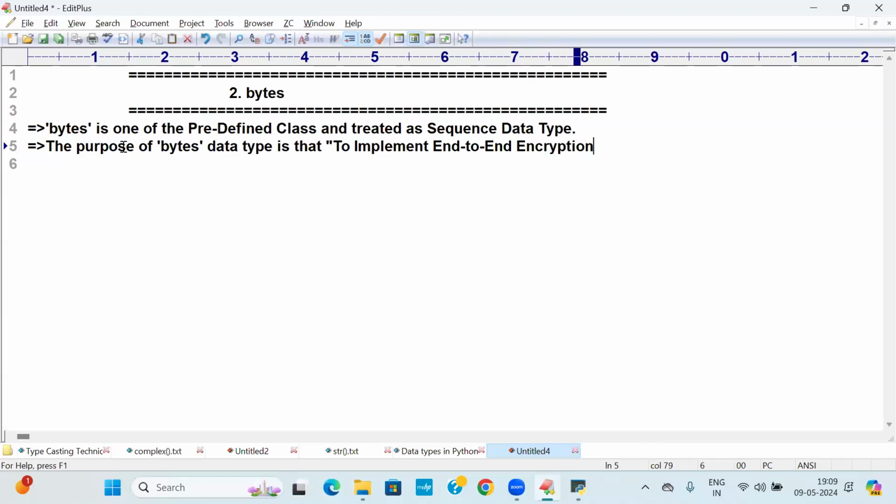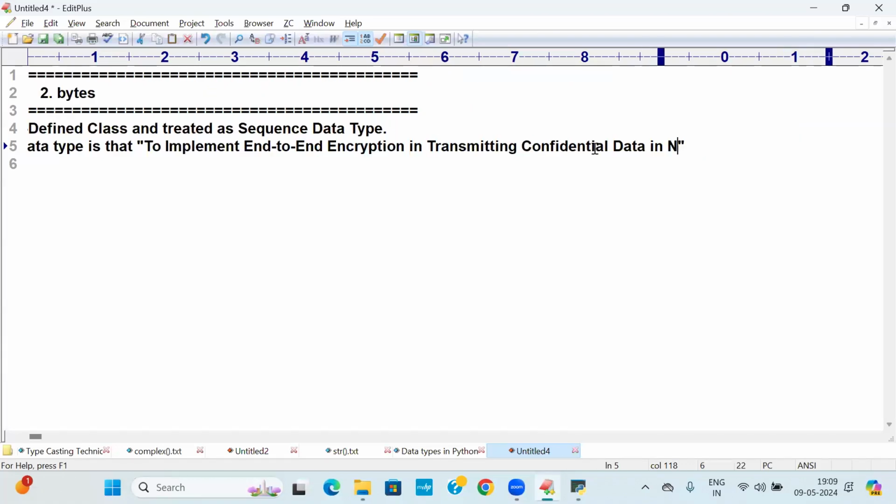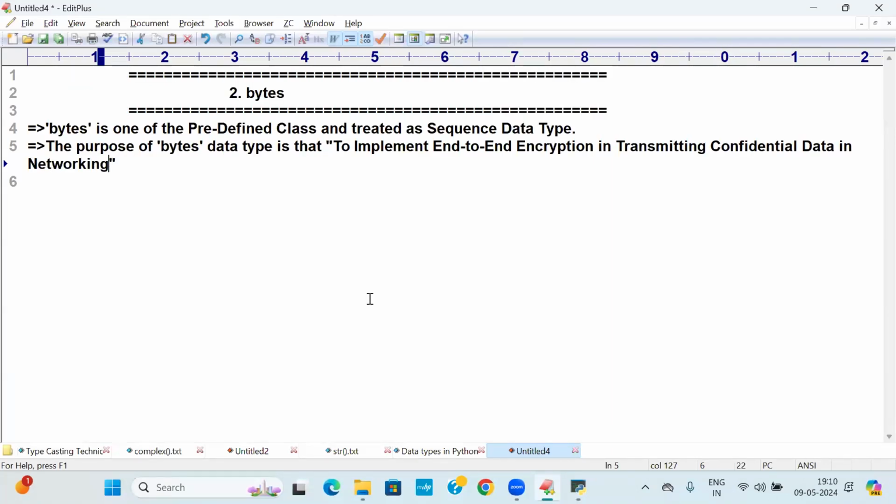Have you heard about encryption? To implement end-to-end encryption in transmitting confidential data in networking. This is the very important wording. In networking, in the sense in the internet world.